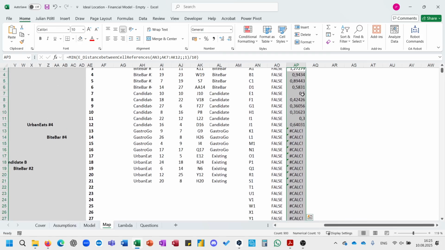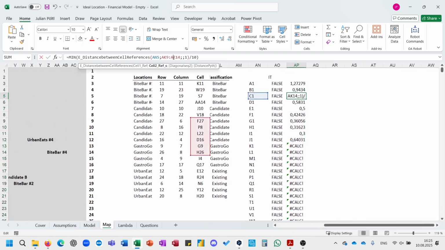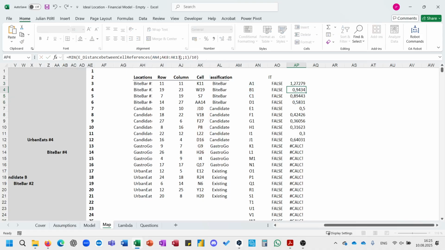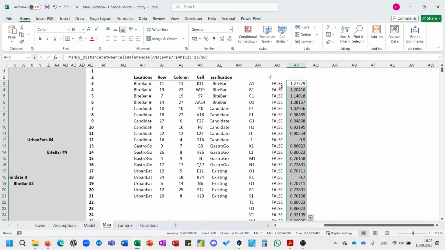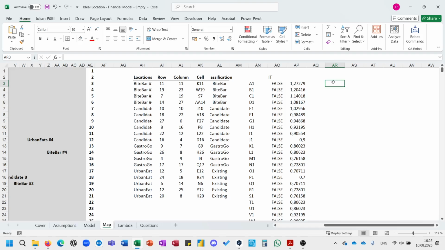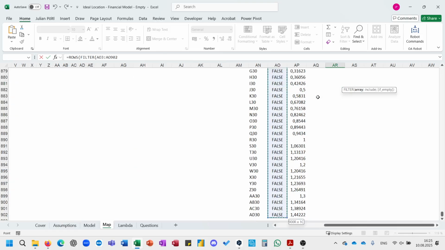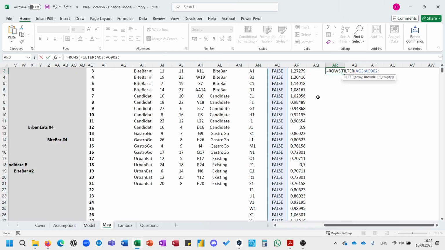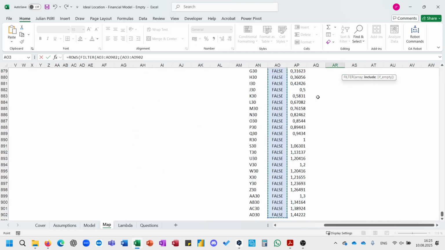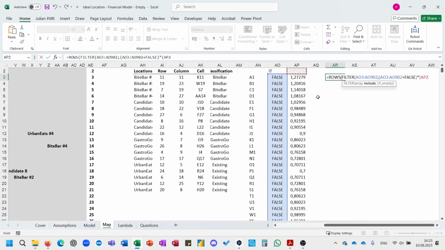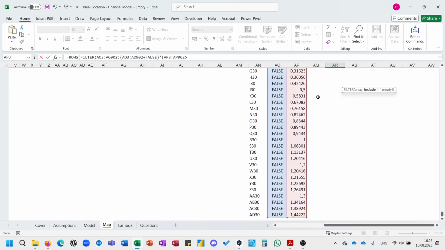And here we want to then filter out all locations where they are not taken and where the distance is larger than 1. So ROWS, FILTER, this is false, 1 not taken, multiplied with distance is larger than 1.